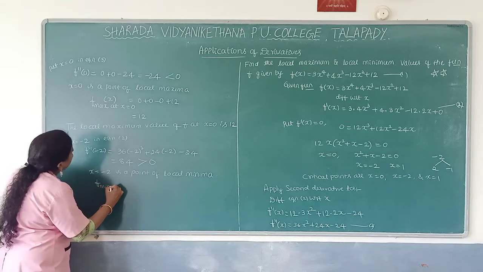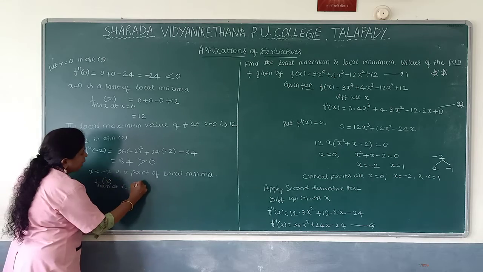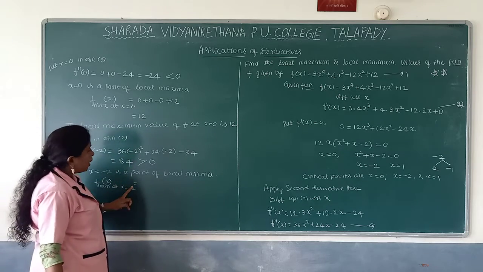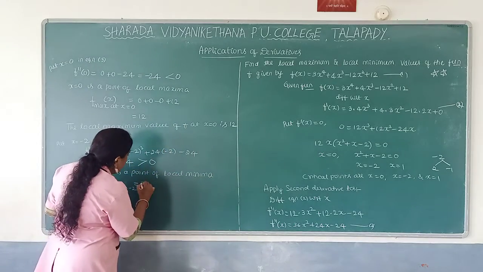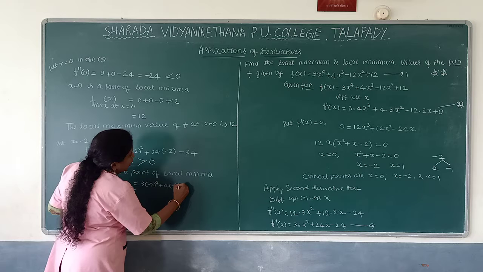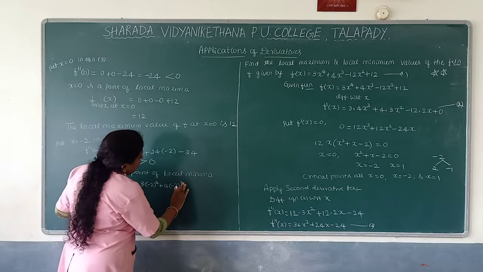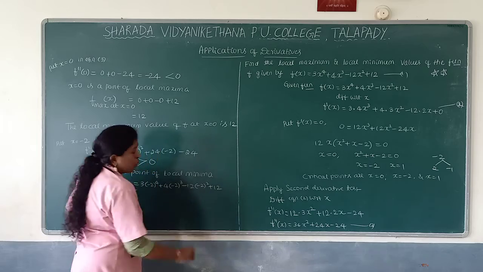F minimum at x is equal to minus 2: substitute x is equal to minus 2 in the main function, 3 into minus 2 whole power 4 plus 4 into minus 2 whole cube minus 12 into minus 2 whole square plus 12.